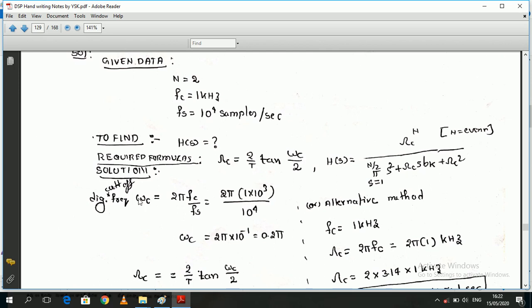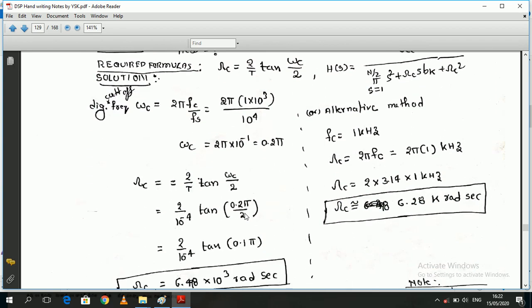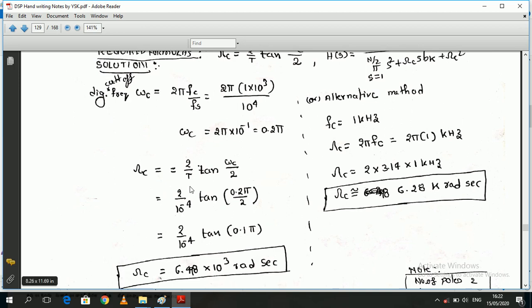To find the digital frequency, 2 pi f by fs, the sampling frequency is already given. So finally omega c is equal to 0.2 pi, and you can substitute and finally we get this value. But an alternate method is also there. fc equal to 1 kilohertz, then the analog frequency 2 pi fc, and finally you get nearly 0.628.